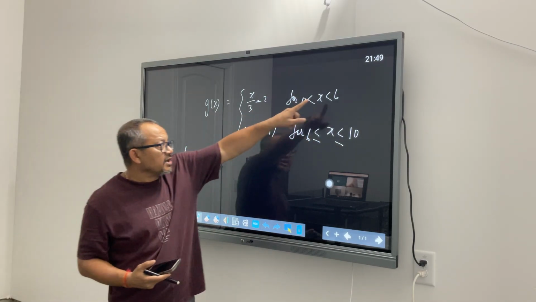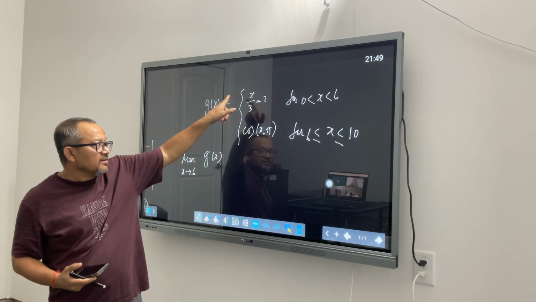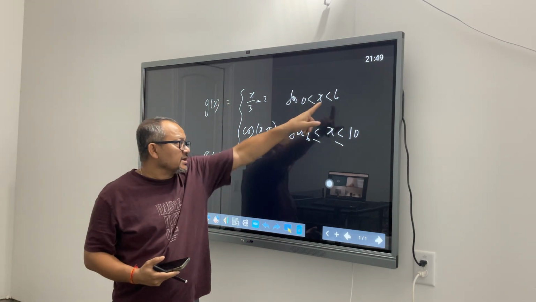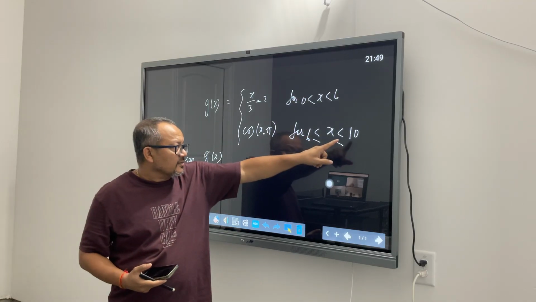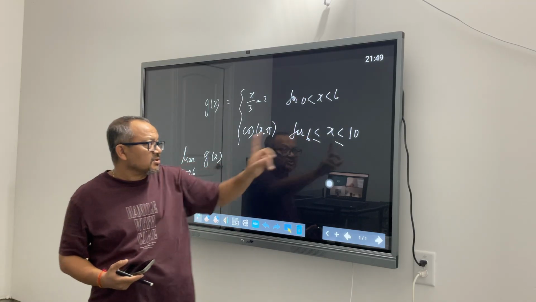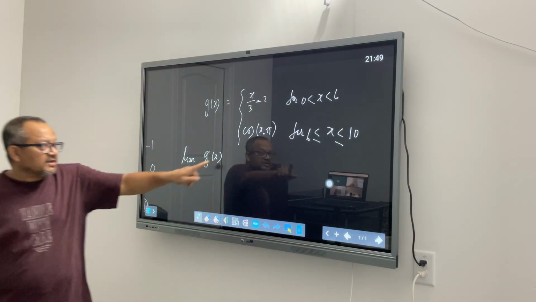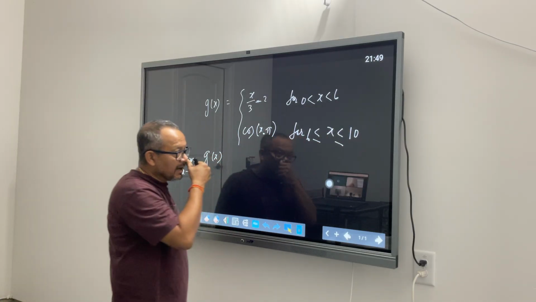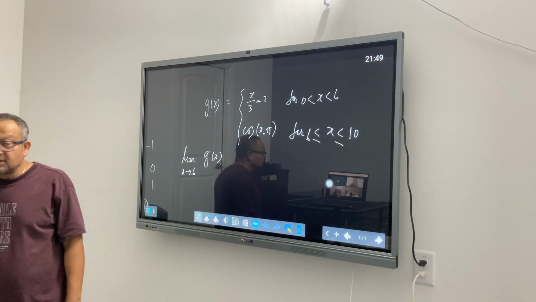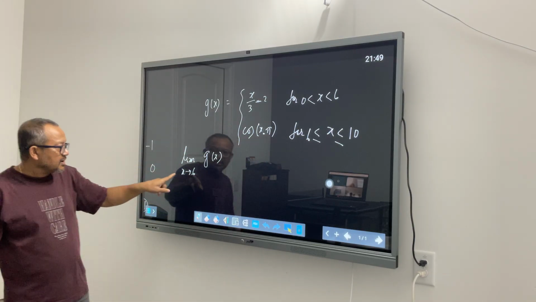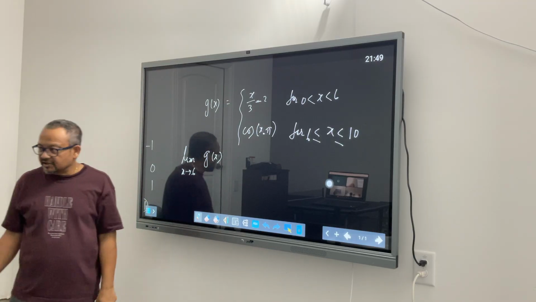So between 0 and 6, this is the definition of the function, and for x ranging between 6 and 10, where 6 and 10 are both included, this is the definition. You have to find the limit of g of x when x is approaching 6.